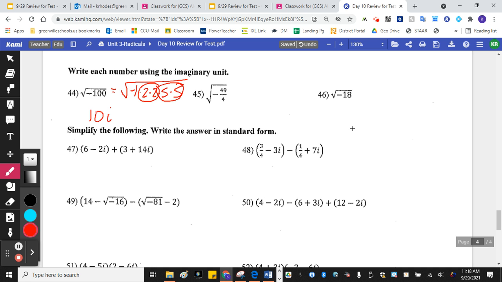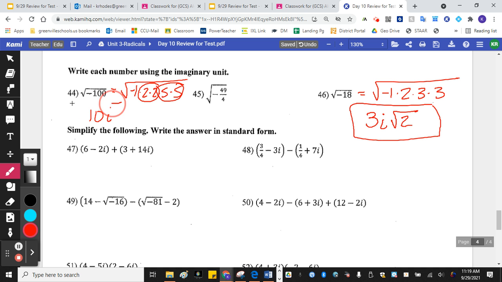I can do number 46. Can you do 45 instead? 45 is going to be much harder. Do we have to put the negative 1, or can we just assume there's going to be an i? I would do it this way, because if the negative's on the outside, then it won't be an i. Yeah, that's fine. Just don't mess up.